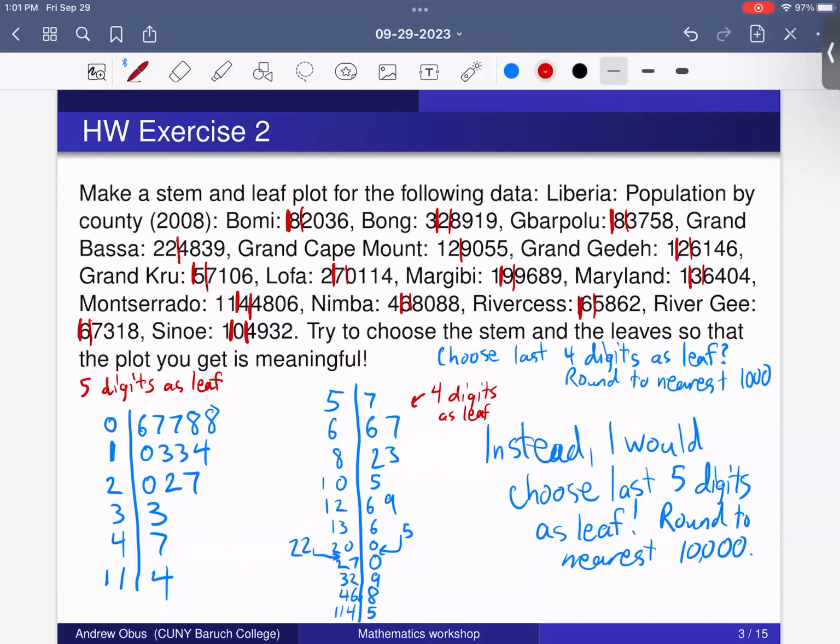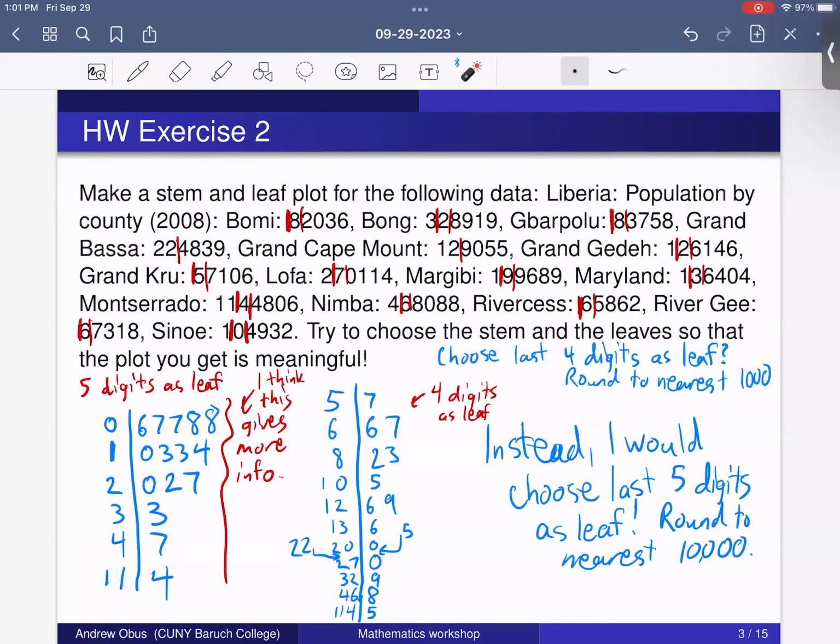So I think this gives more information. Okay, so I would go there.